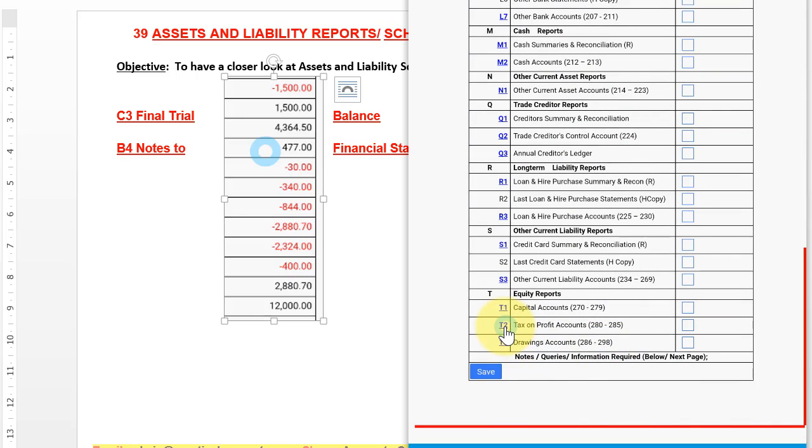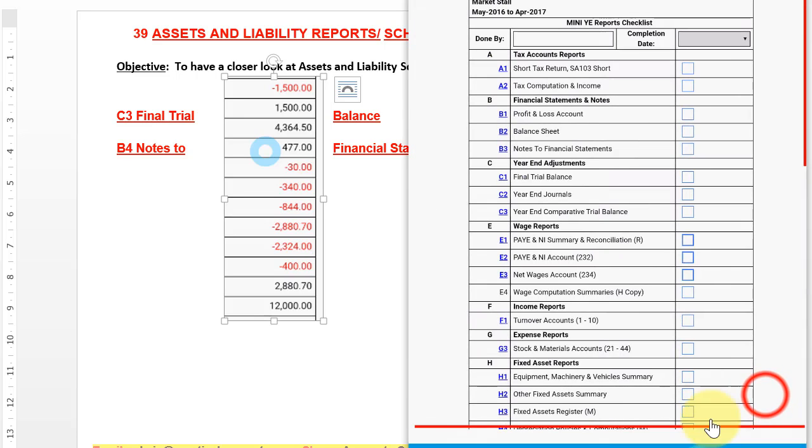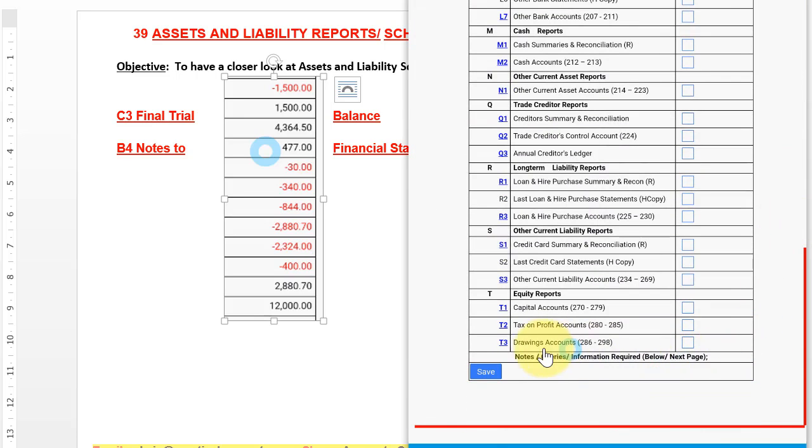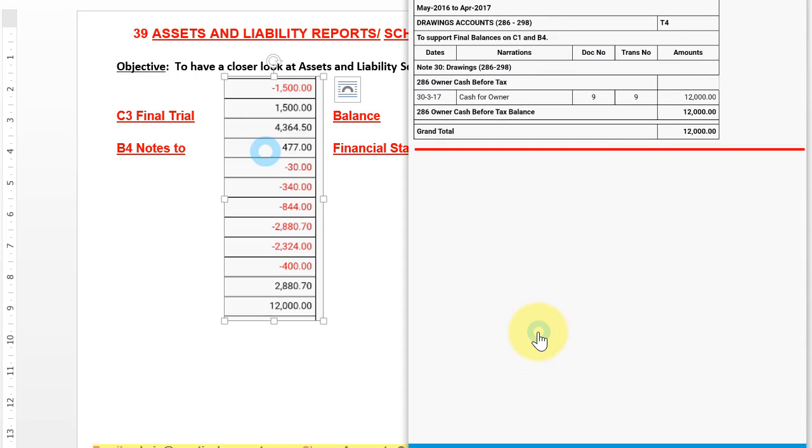Yes, that 2880 is on this tax unpaid account, account 283, supported by document 21. And then finally we've got the drawings accounts. So we have only a single account here, account 286, which has got the balance of 12,000.